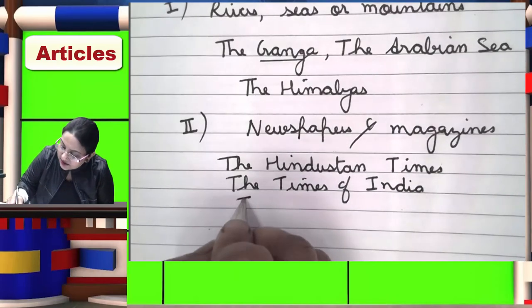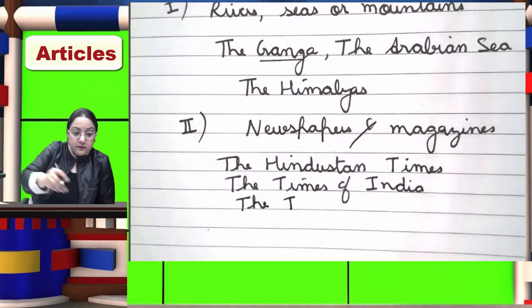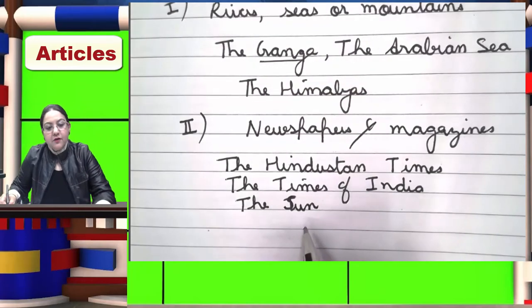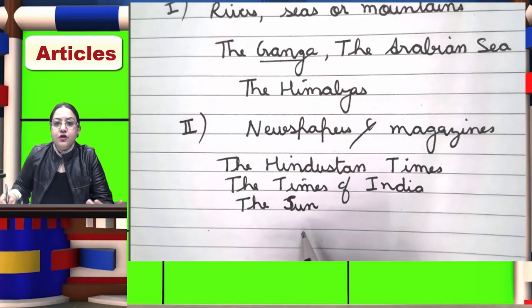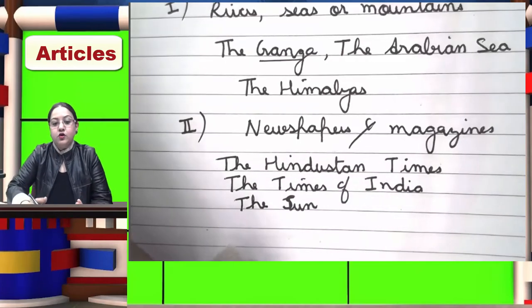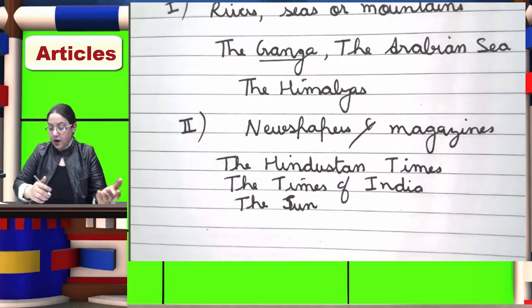If I talk about magazines, we say so whenever I'm talking about the name of a newspaper or the name of a magazine, I may use the word the to emphasize the name of the newspaper or the magazine.